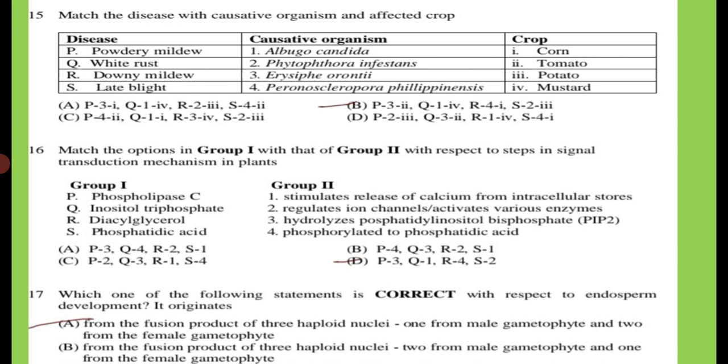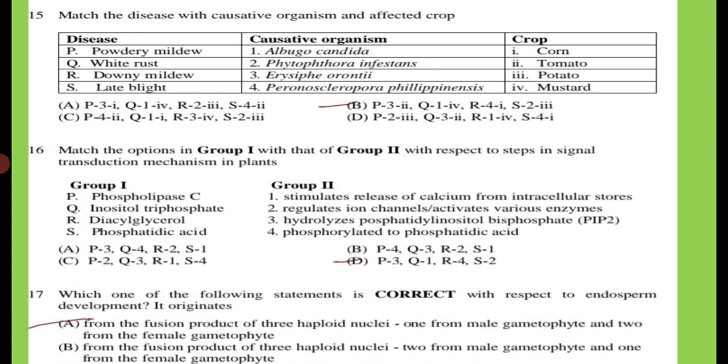Then moving to the next question, match the pairs, group 1 and group 2. In group 1: phospholipase C, inositol triphosphate, diacylglycerol and phosphatidic acid. Phospholipase C is a class of membrane associated enzyme that cleaves phospholipids. Phospholipase C plays a role in signal transduction.